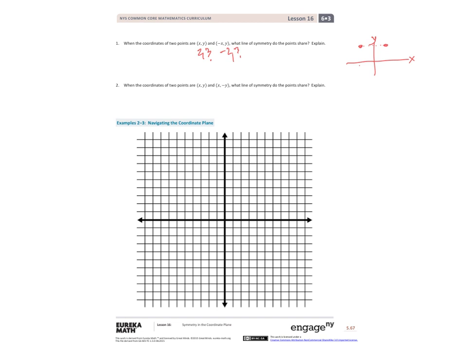The x coordinates are opposite, but remember the absolute value? They're equidistant from the y-axis, right? I jump here and I've got 2, and I jump here and I've got 2.